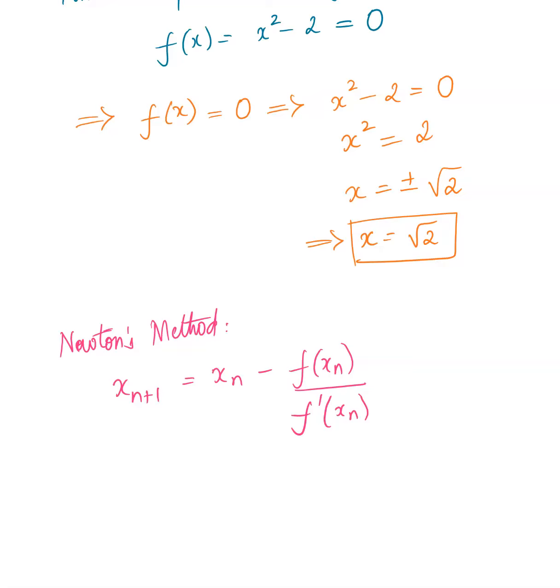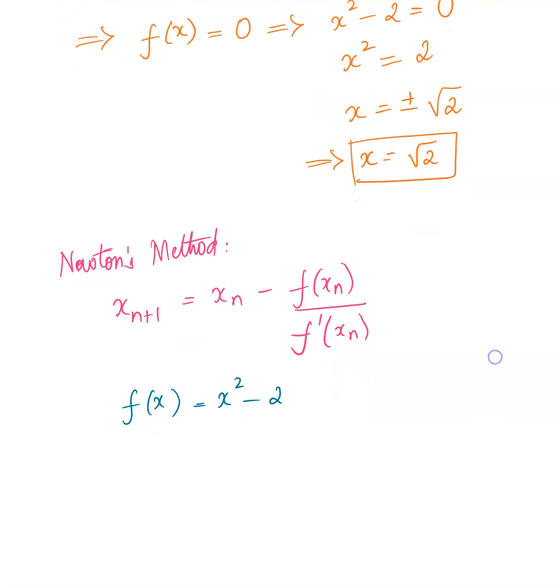So I'd like to take our f of x here and then use that to find the derivative. That will be 2x, isn't it? This is for any x. If we wanted a particular x, which is xn, then your x's will be replaced by xn, isn't it?